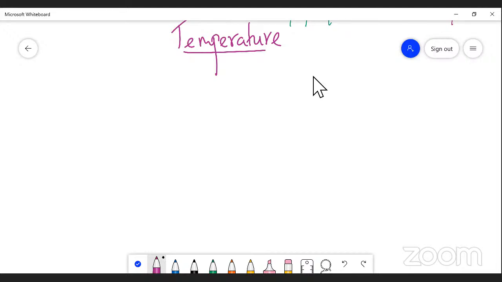Based on the quantity of temperature or the tolerance, it is broadly divided into three types, right?